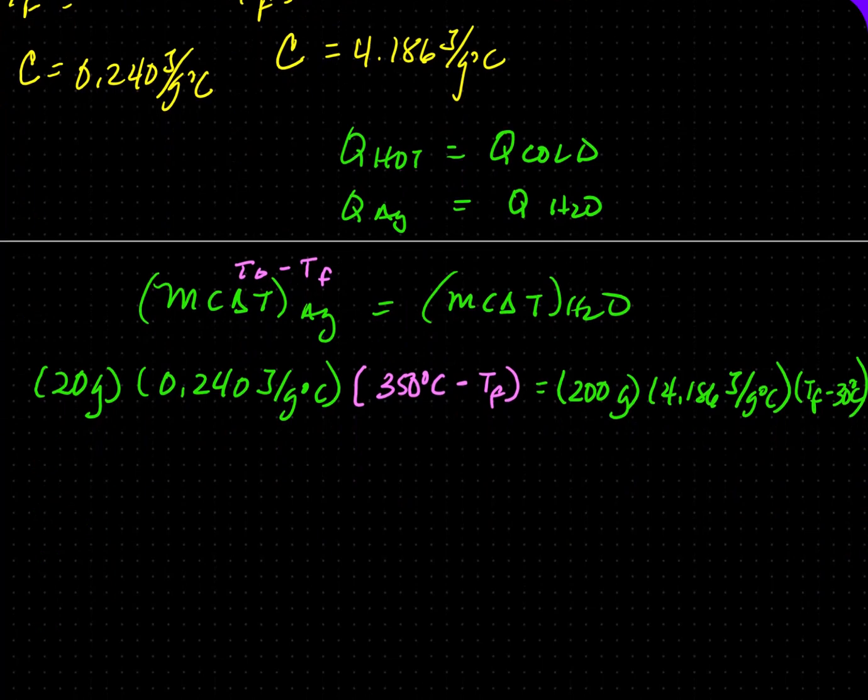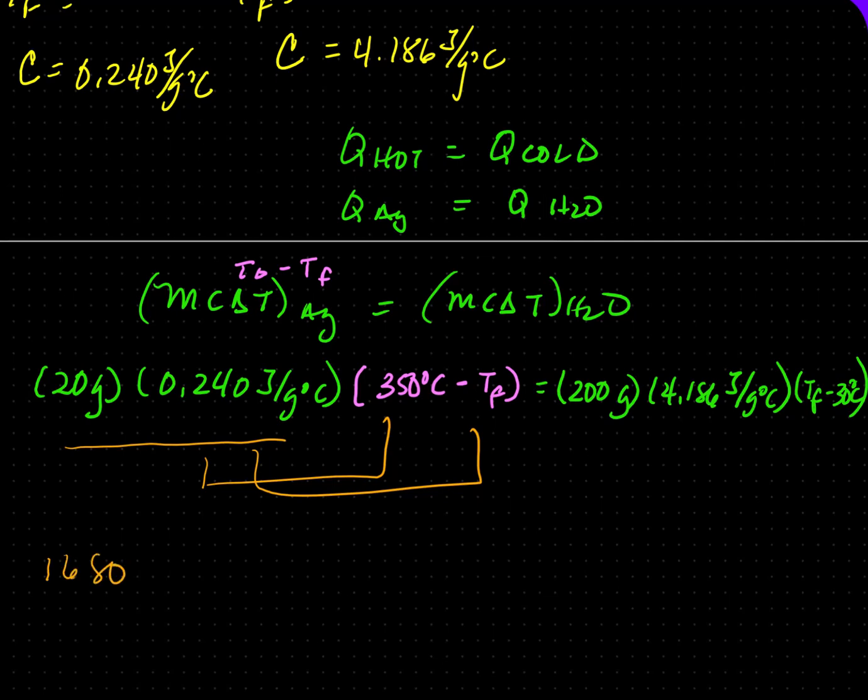Now we're going to calculate. So we need to multiply this first and then distribute. So if you multiply 20 times 0.24 times 350, you're going to get a positive 1680 minus 20 times 0.24 times T final. So that's going to be 4.8 T final.